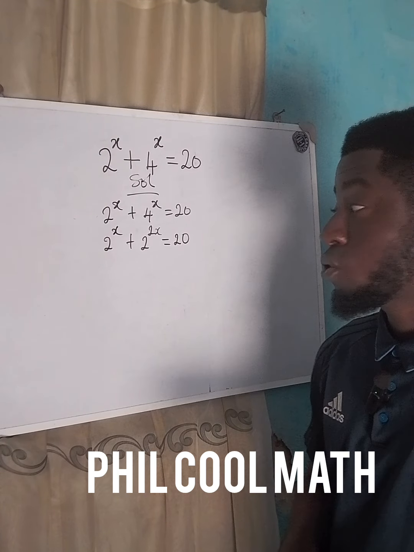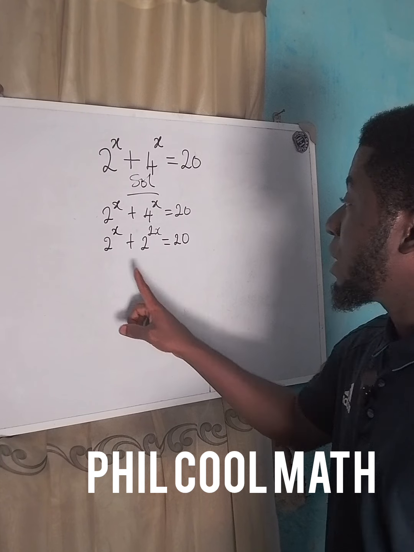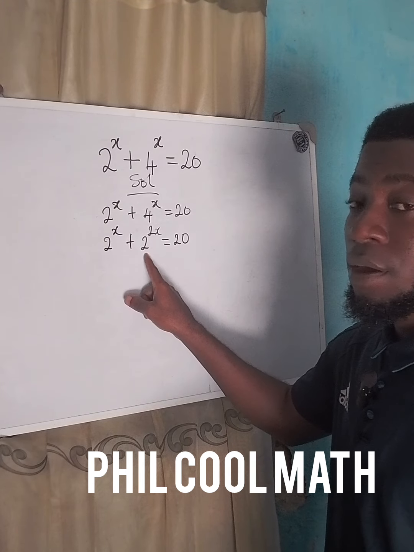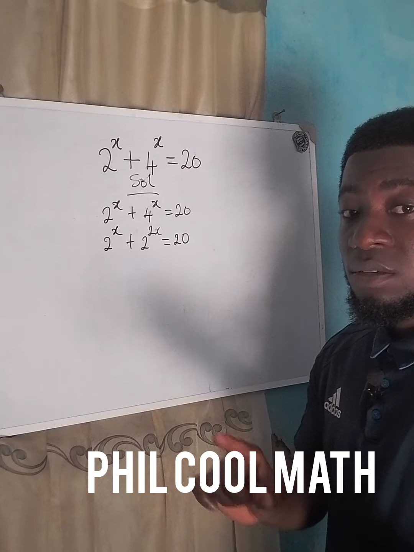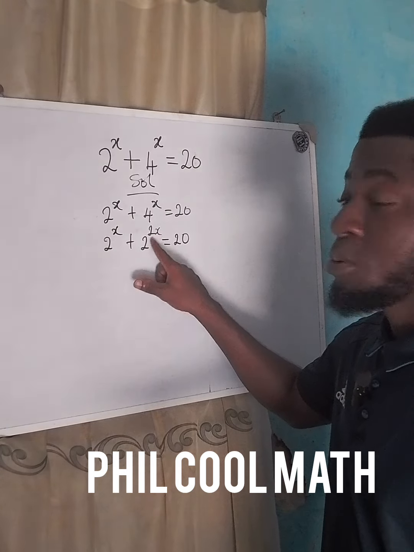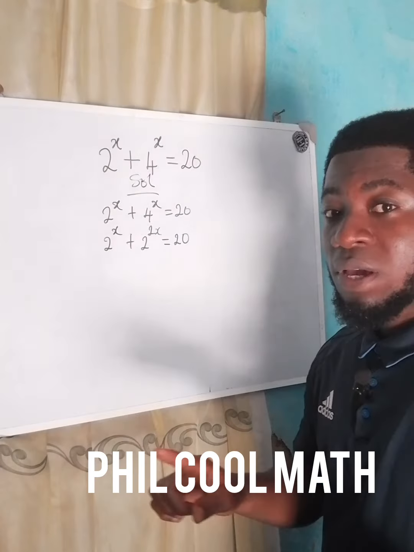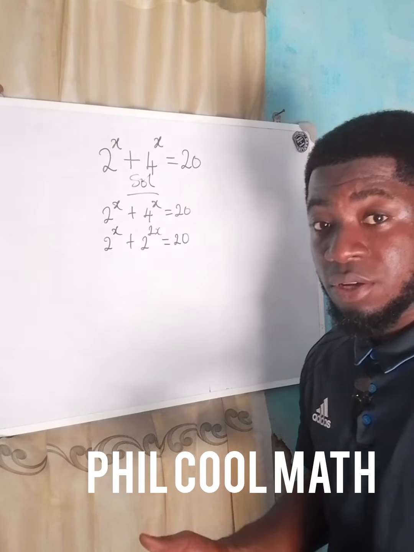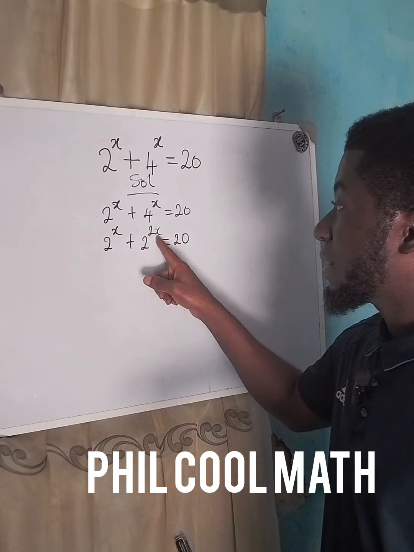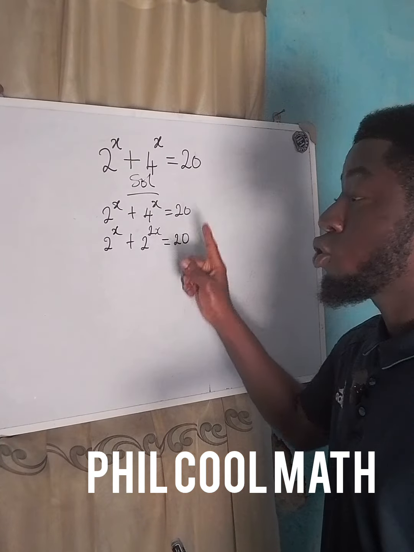Now, the next thing you're going to do is to try to pick 2 to the power of x from here. According to one of the laws of indices, the power here is always multiplied. So therefore, we can interchange their position since it's multiplication. So we can say x times 2 or 2 times x.